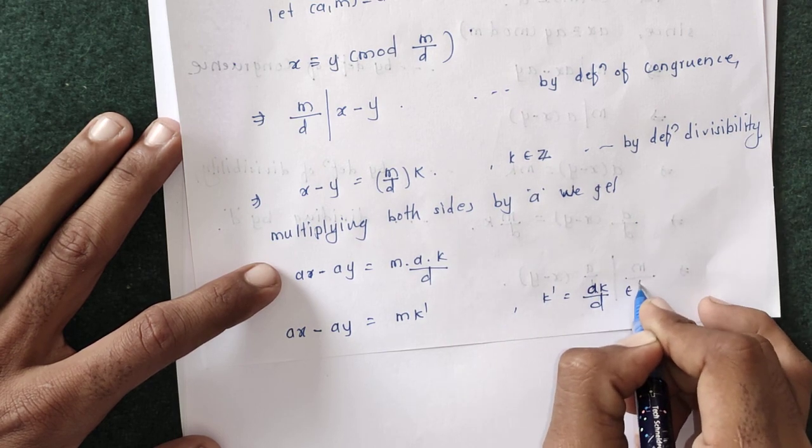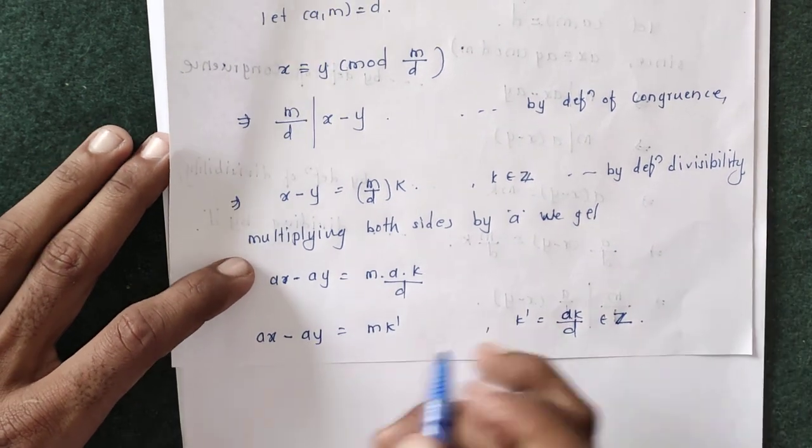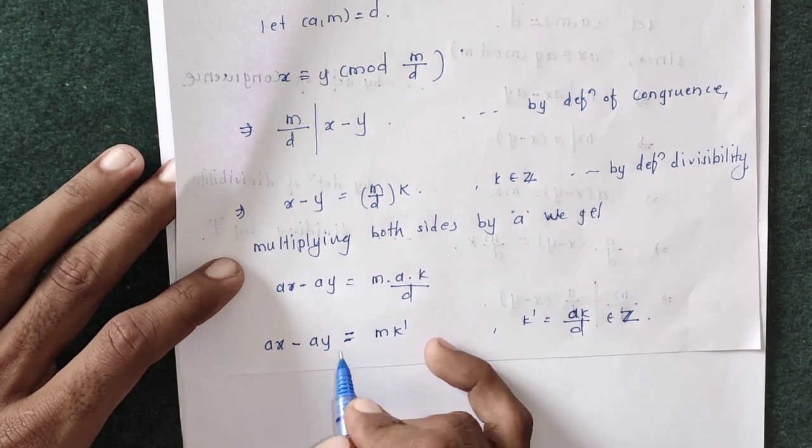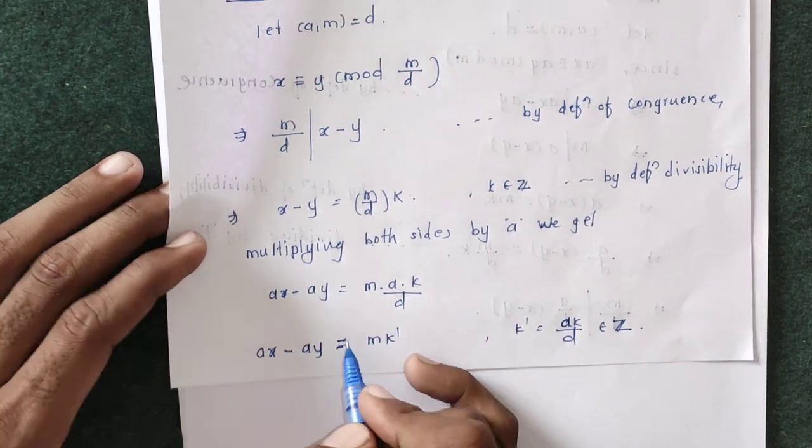Ak by d is again an integer. So ax minus ay is equal to m k prime.